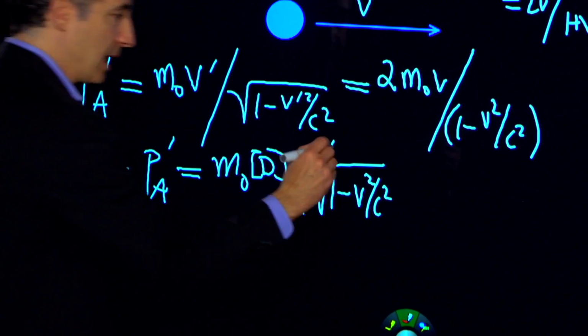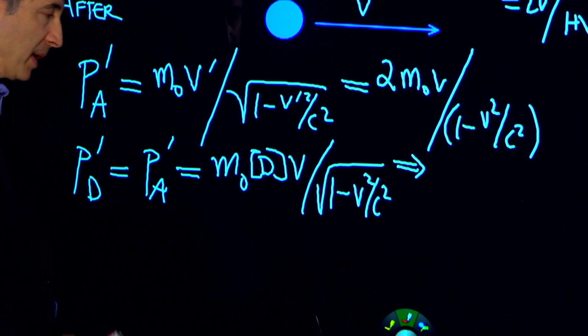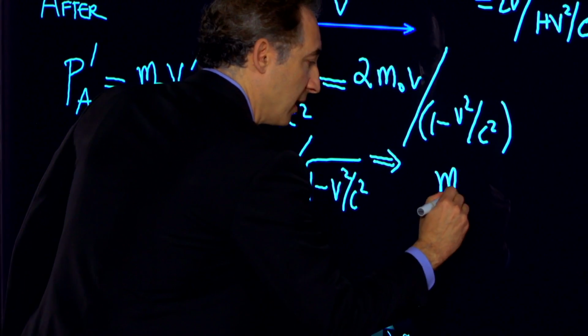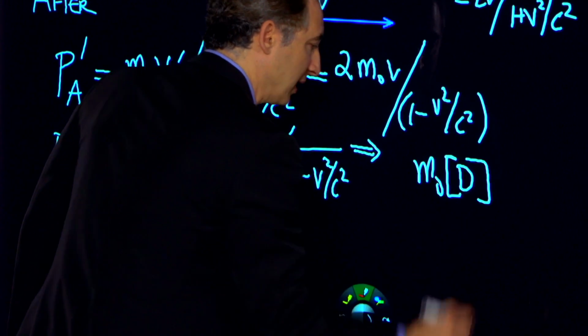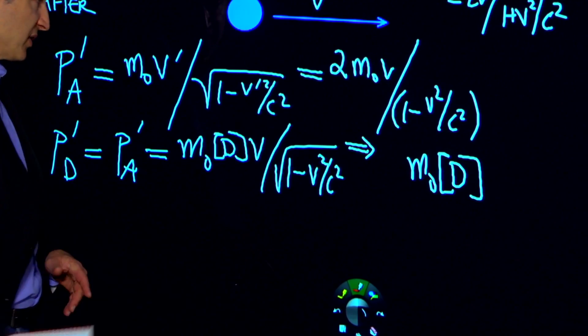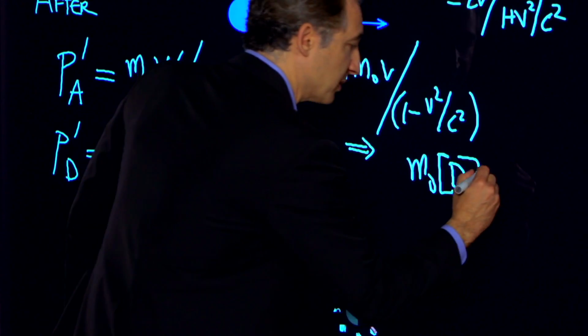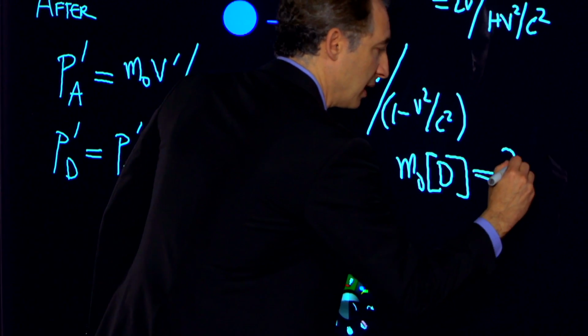And the nice thing now about equating that expression to the momentum of particle A is that we have the ability to solve for the rest mass of particle D in terms of the rest mass m0 of particle A. And equating those two expressions, we'll find that m0 of D is 2m0.